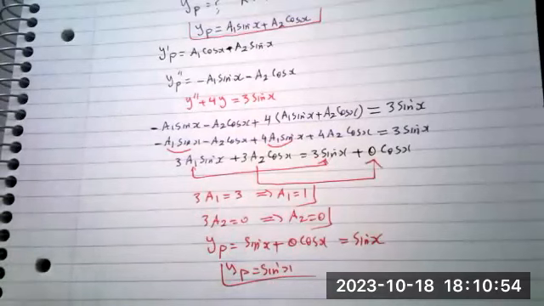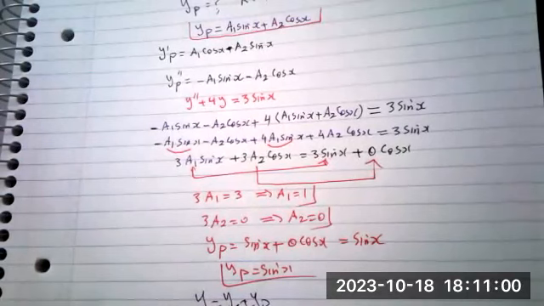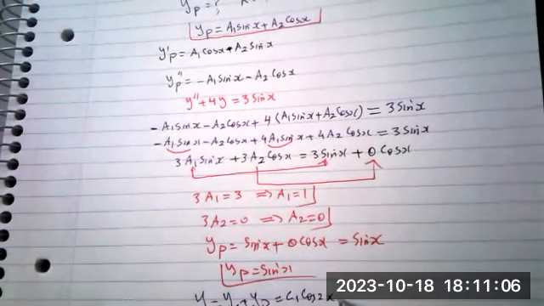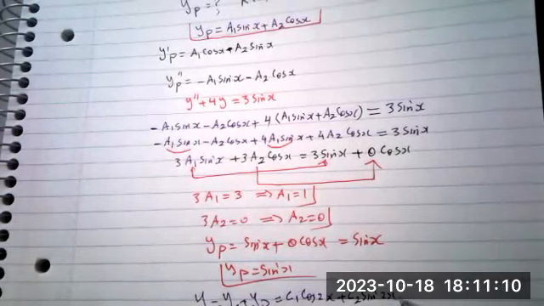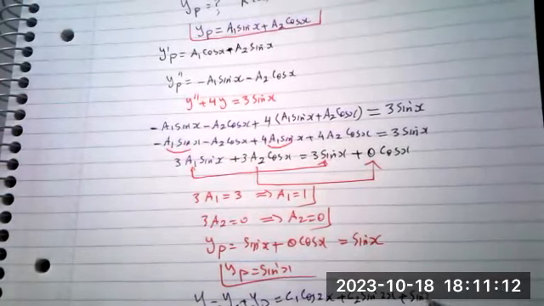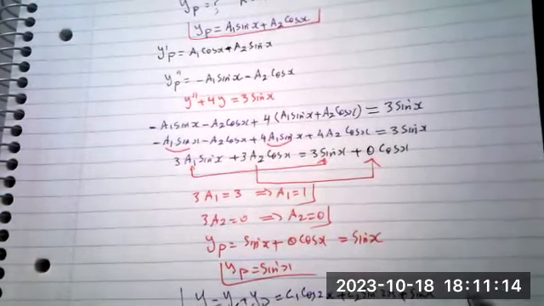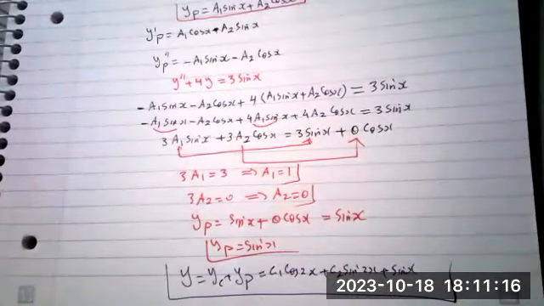So the solution of the equation, you know that y equals yc plus yp. If you want to repeat it, it's going to be c1 cosine of 2x plus c2 sine of 2x plus sine x. So that would be the solution to this equation.